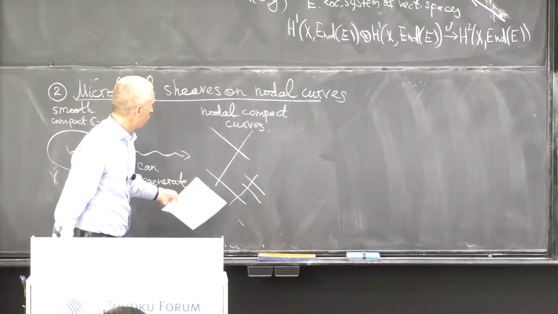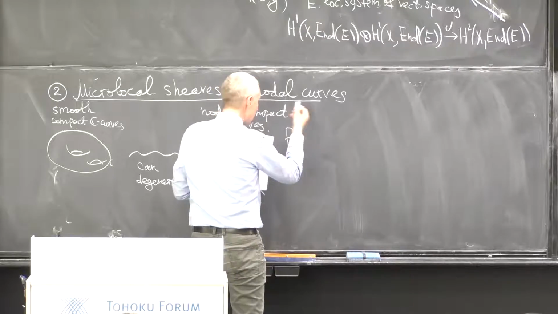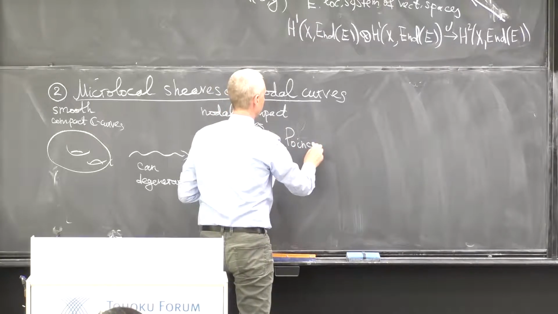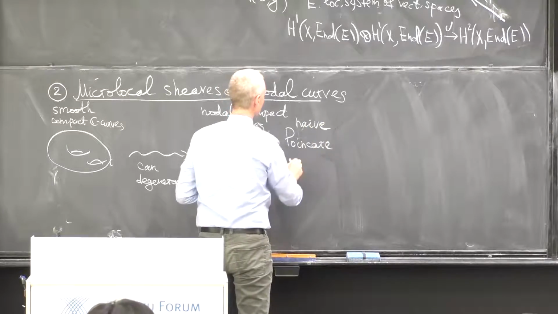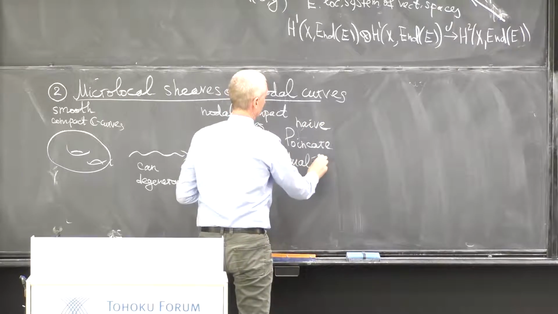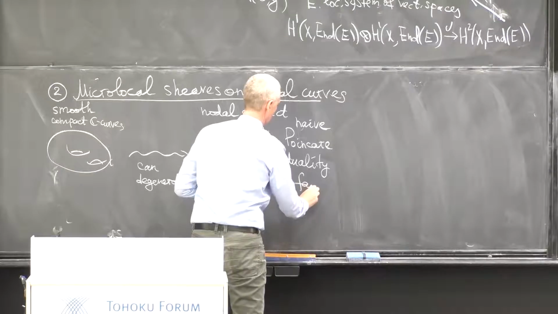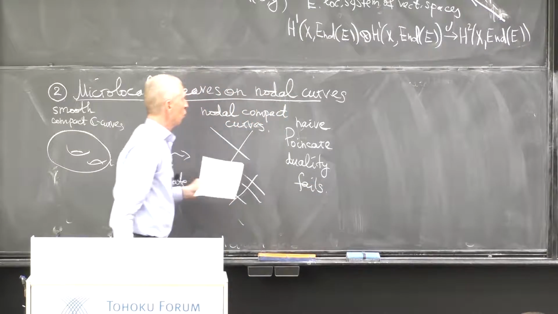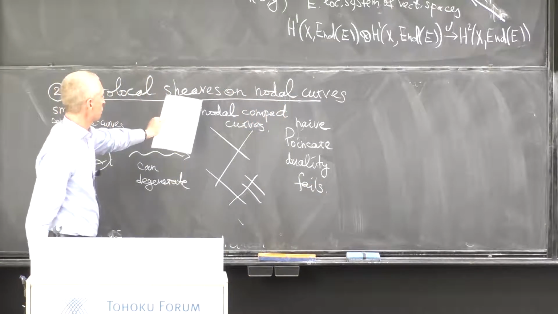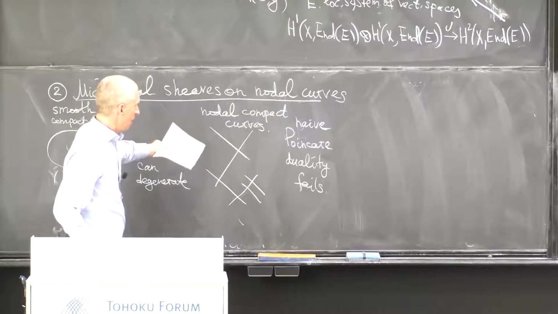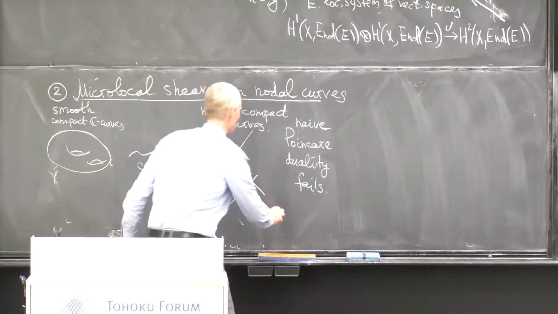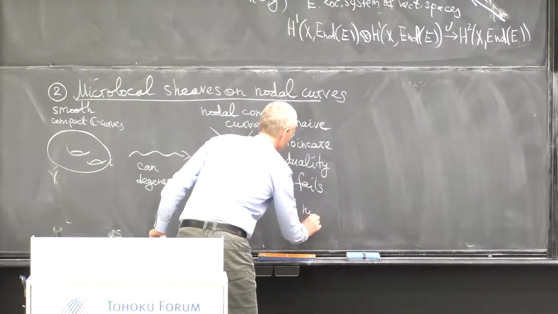Here, of course, for curves like this, naive Poincaré duality fails. We can consider local systems for such curves, but they will not form a symplectic variety. And it's not the right concept. So local systems are not the right concept.